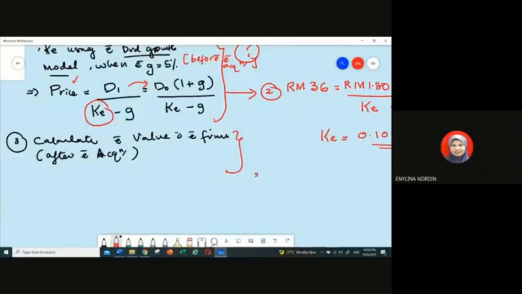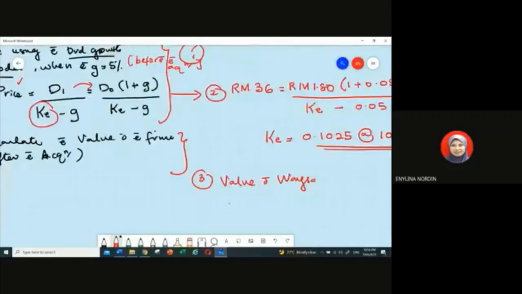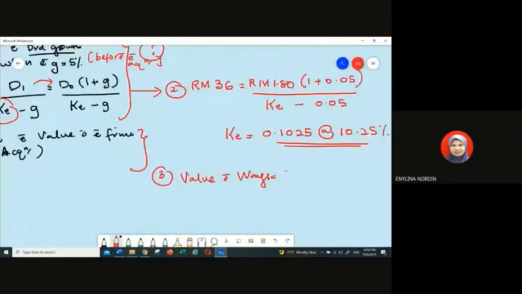So what is the value of Wangsa Setia after the acquisition? How are we going to calculate this one?